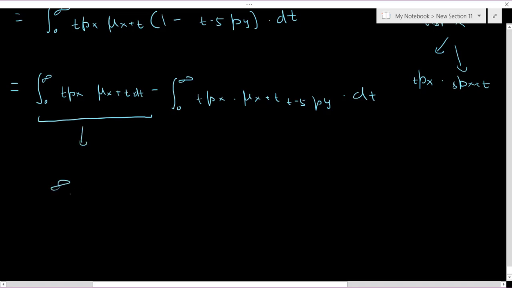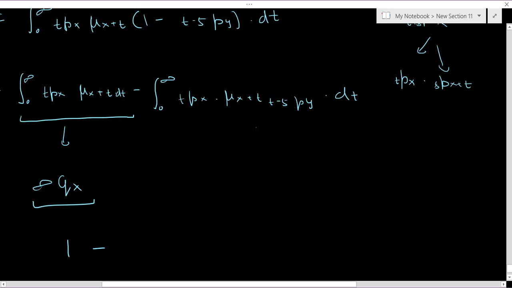So this becomes infinity qx, and obviously that becomes 1, because I want x to die at some point of time. That's just 1.